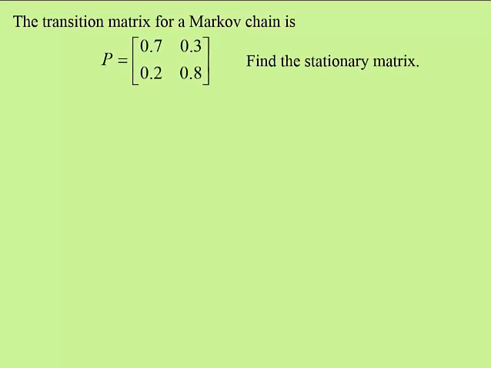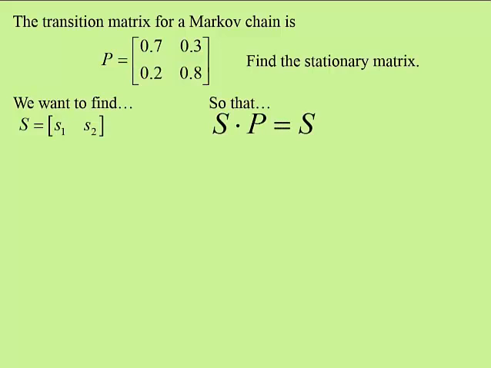If we want to find the stationary matrix, we need to solve the equation S times P equals S. We're going to make up a matrix for S and just use generic entries. We could have used A's and B's or X's and Y's or something like that, but these are the variables that we're trying to solve for.